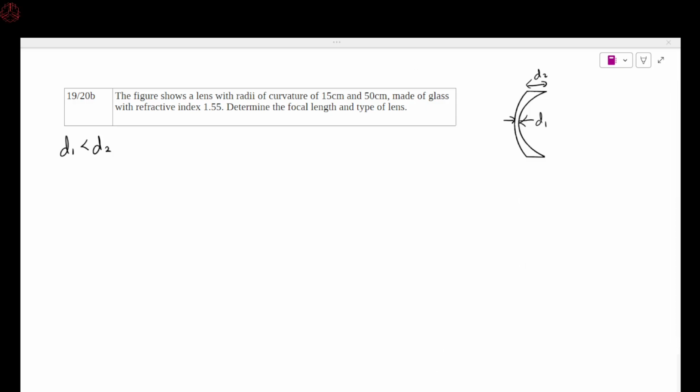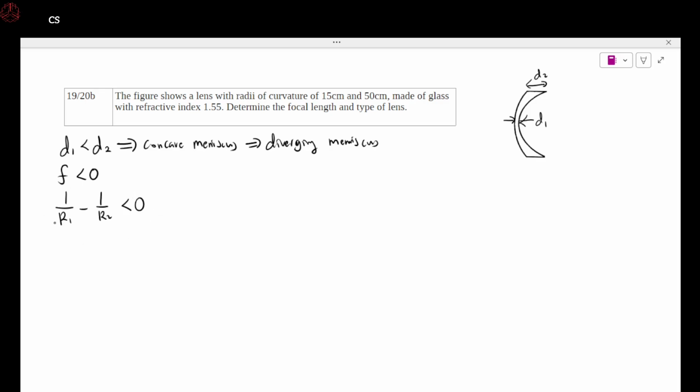This would indicate that this type of meniscus is a concave meniscus, and this is a diverging meniscus. If it's a diverging meniscus, that means my f is going to be less than 0, or negative. I can achieve this by having 1 over R1 minus 1 over R2 less than 0.